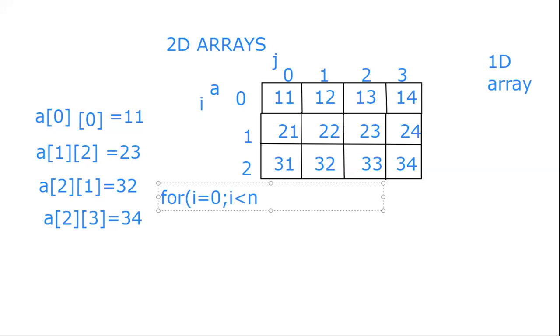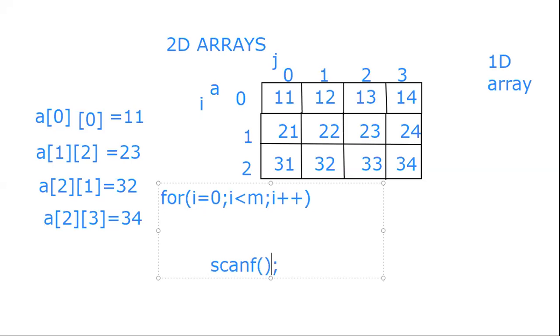Let us consider the number of rows as m. So I less than m, and I plus plus. Now just take A of I. If it was a one-dimension array, we would just read scanf A of I. Right? So in this case, we would have simply written like this. Yes, scanf.